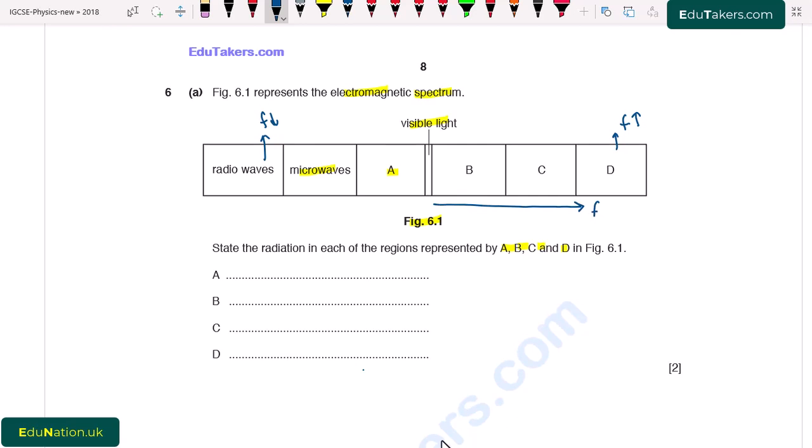So first of all, here is radio wave and second is microwave. A is actually infrared radiation. So I write here infrared. And between these, here is visible light, and B actually represents ultraviolet light.